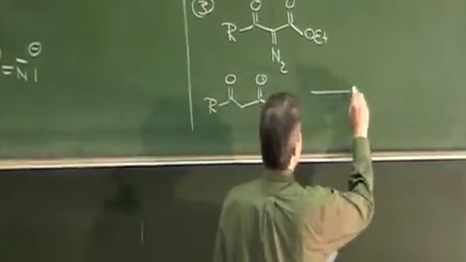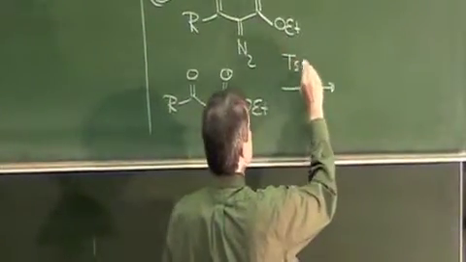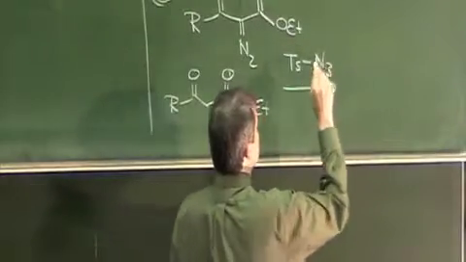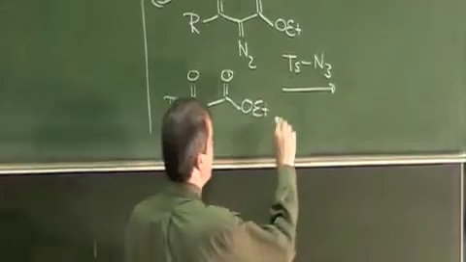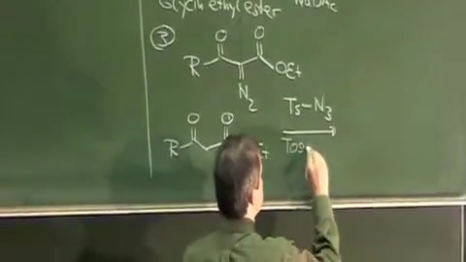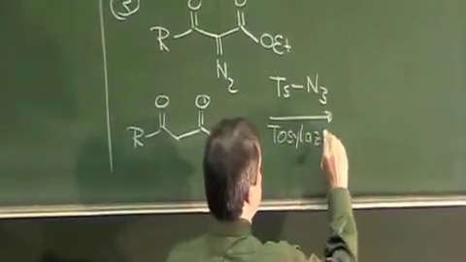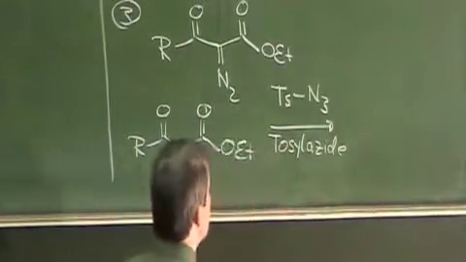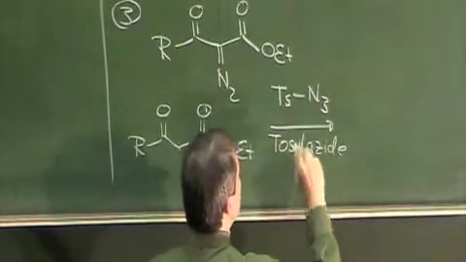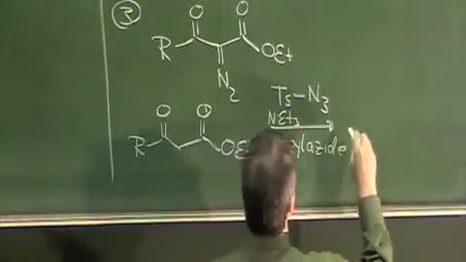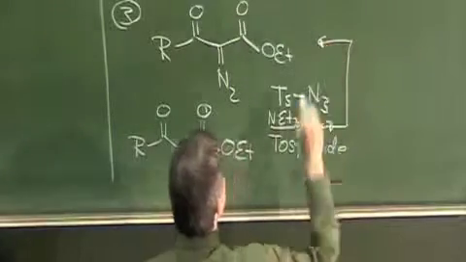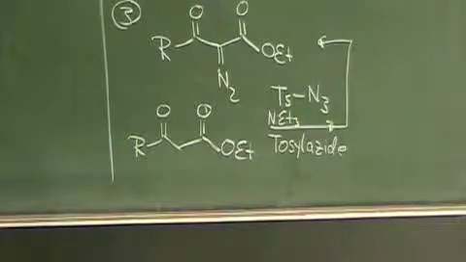And then there's a reagent you should take note of, which is a very good diazo transfer reagent, and this is tosyl azide. And in the presence of a base such as triethylamine, a diazo group is readily transferred and you form these types of compounds.